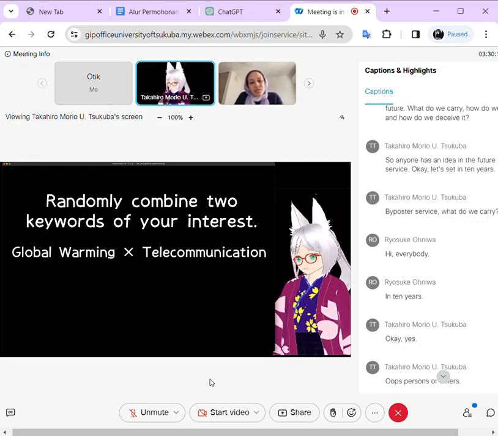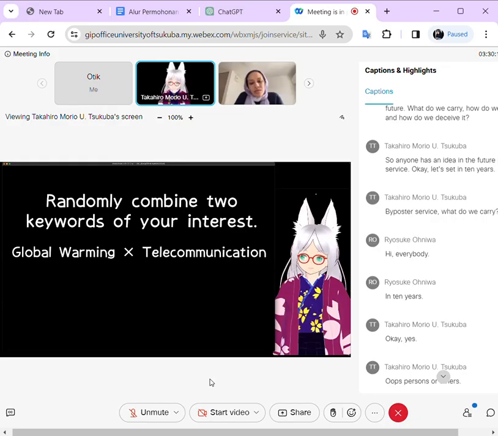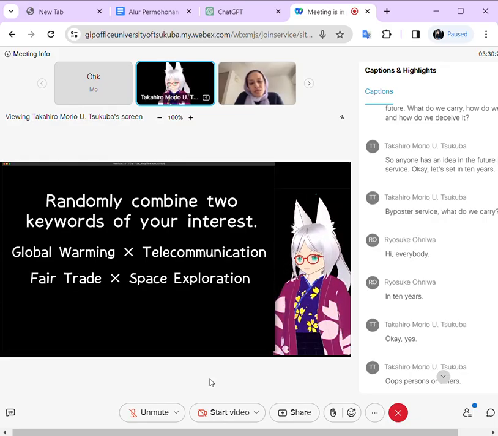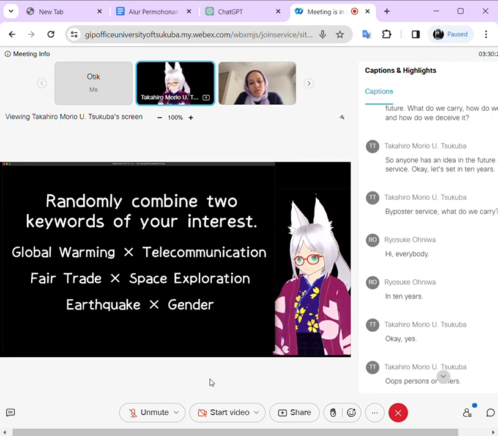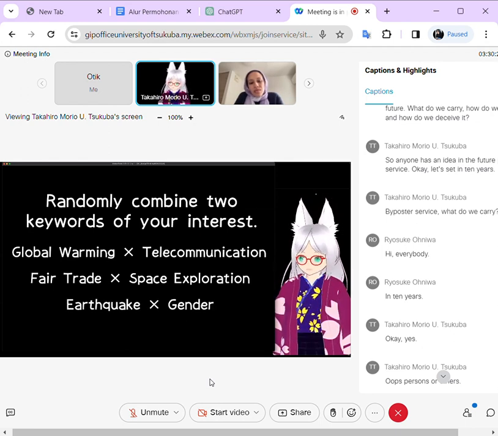For example, global warming and telecommunication, fair trade and space exploration, earthquake and gender. By combining 2 keywords, you may imagine the situation, what happens in the future.